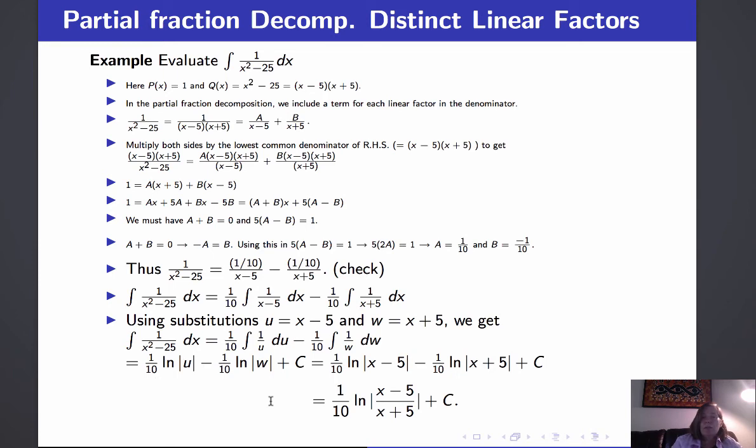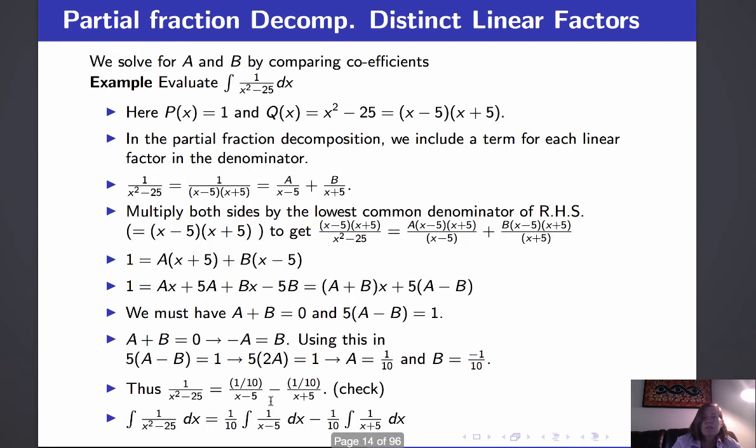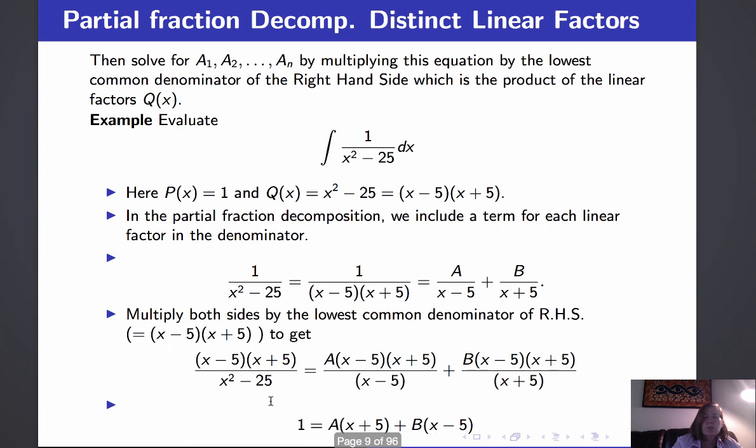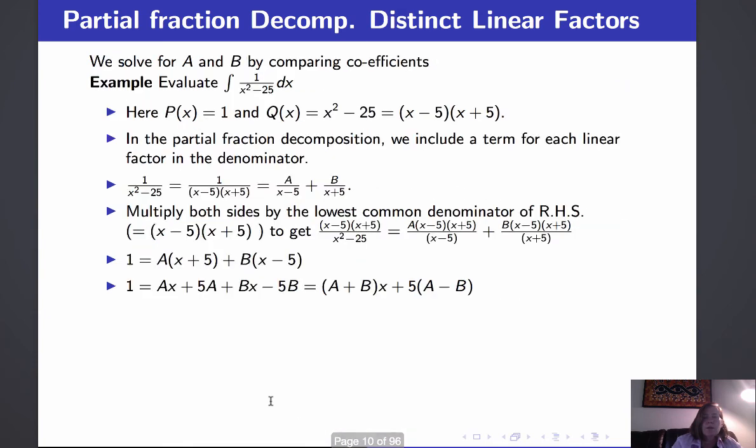Now let's scroll back just a little bit to where we solved for the a and b, because there is another method here which we could use. We would like to solve for the a and b, which make 1 equals a times x plus 5 plus b times x minus 5.